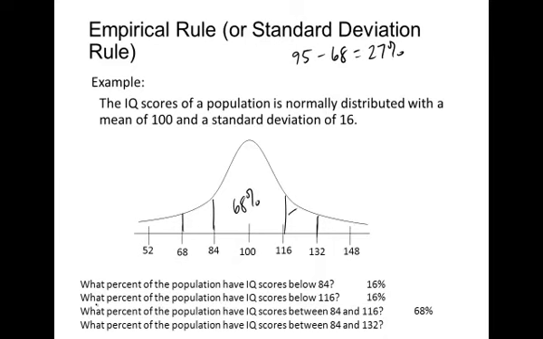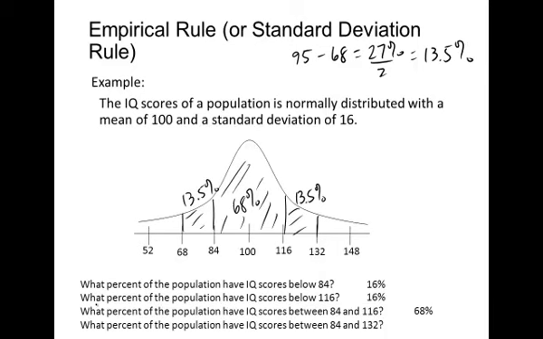Which means that both of these account for 27%. So 13.5% here and 13.5% here, because if I divide that by 2, that's what I get, 13.5. So then if I take the 13.5% and add it to the 68%, that will give me the answer to this question. So 68 plus 13.5 is 81.5%.